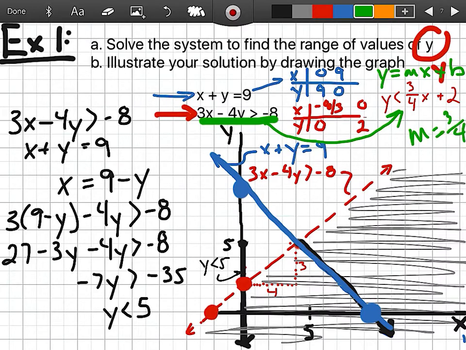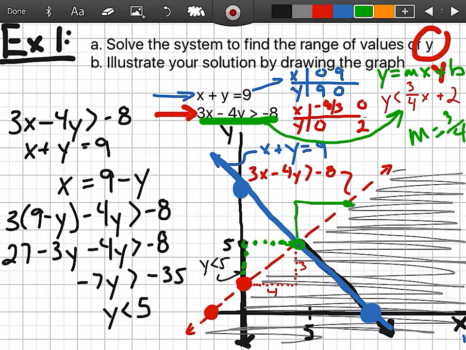And from that I could rise 3 and run 4 and start getting my next points. 1, 2, 3, 1, 2, 3, 4. It just keeps going up and up.